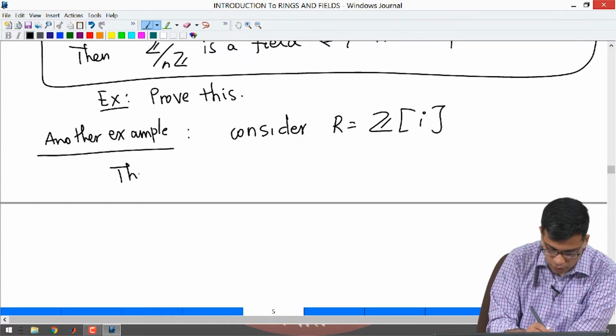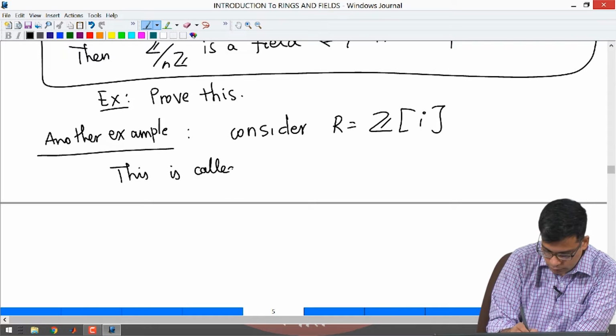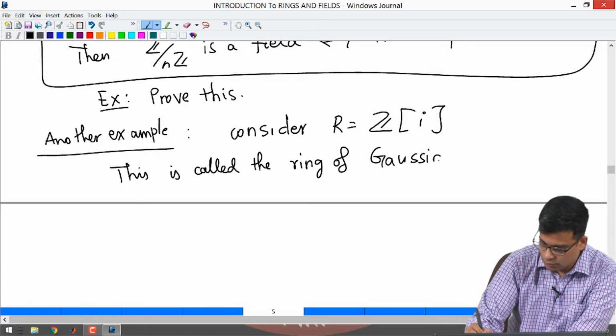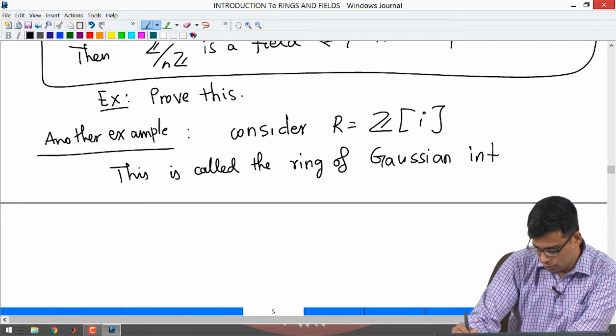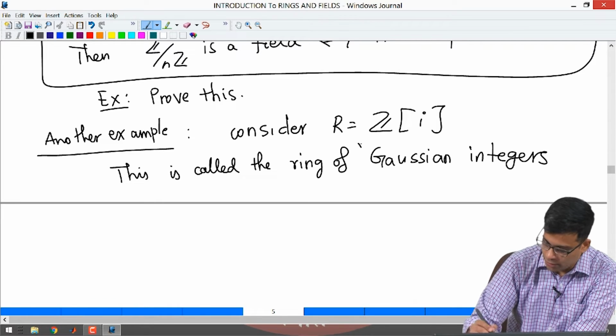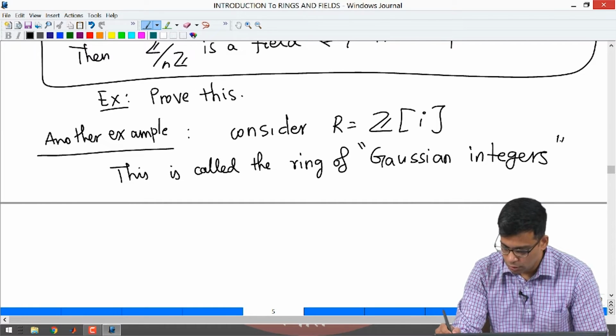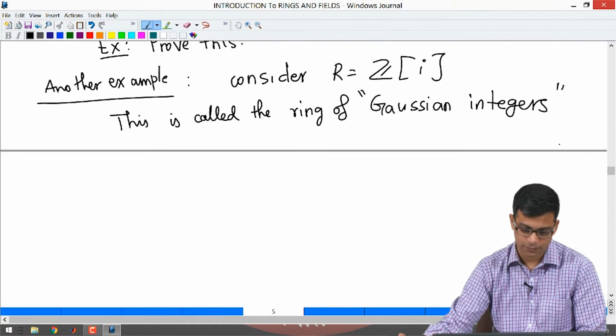This ring is called the ring of Gaussian integers. This is an important ring in ring theory.